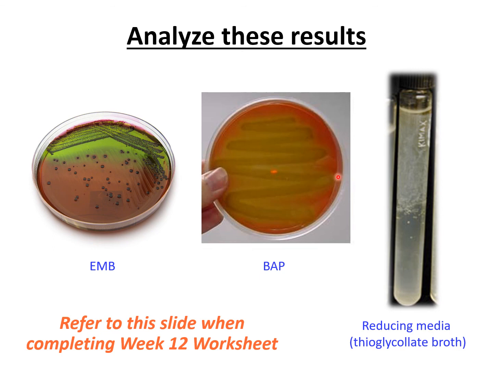And then here, let's say you've inoculated the urine sample on an EMB plate, on a blood agar plate, and on a thioglycolate broth, and then go ahead and figure out the characteristics of that bacteria that you've just collected.